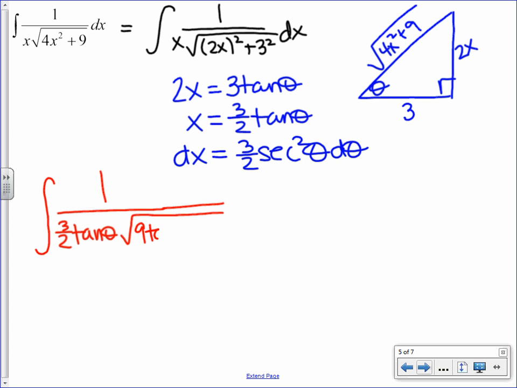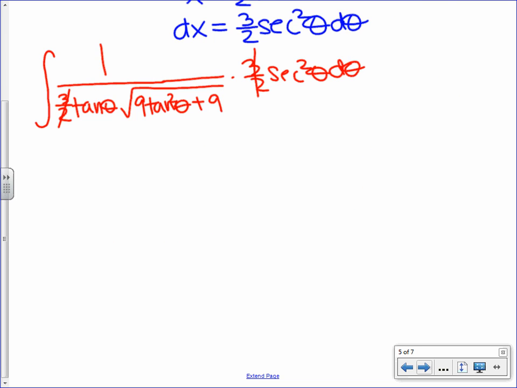So 9 tangent squared. And dx becomes 3/2 secant squared theta d theta. So we have to make our substitutions for any x and any dx. Well, the only dx, but you know. Those cancel, let's get rid of them.